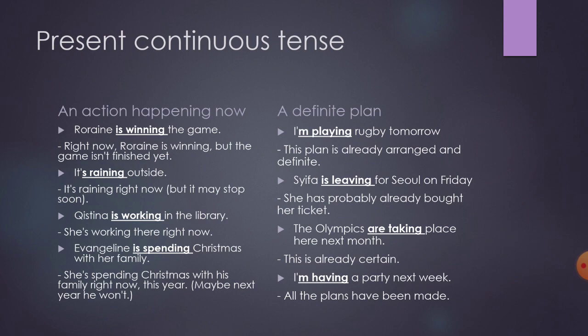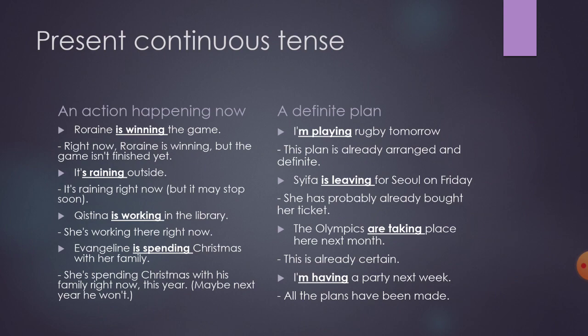Third example is Christina is working in the library. She's working there right now. And the last one is Evangeline is spending Christmas with her family. Which means for this Christmas, she is spending it with her family. Maybe next year, she won't.